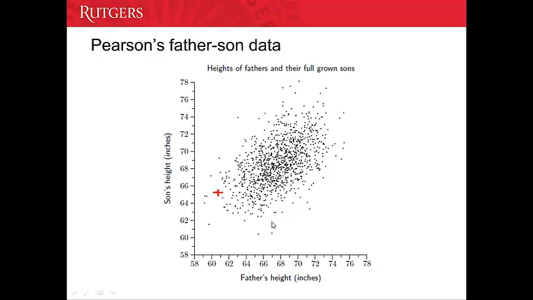For a father's height of 62, the son's average height is 66. And for a father's height of 64, the son's height is around 67. We keep doing this to calculate the average height of the son based on the father's height. We use the red marks to show the average.